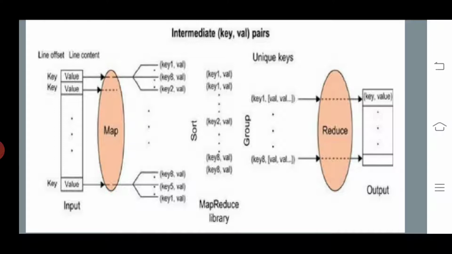Now we can see the map output pairs are grouped and sorted by key. So the reduce function is called one time for each key, in sorted sequence, with the key and the set of values for that key.